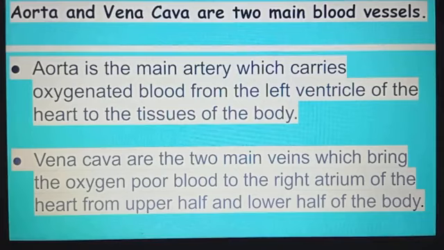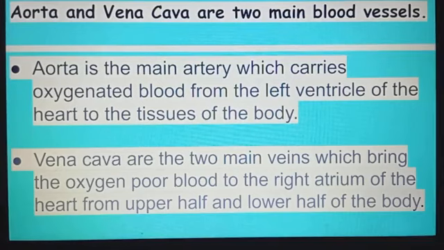So the blood from the ventricle is pumped into aorta, and through the aorta it is distributed to the different parts of our body. So the aorta leaves the left ventricle carrying oxygenated blood to all parts of the body through its branches.